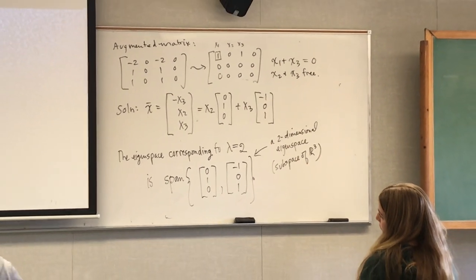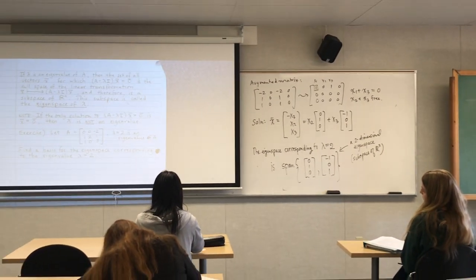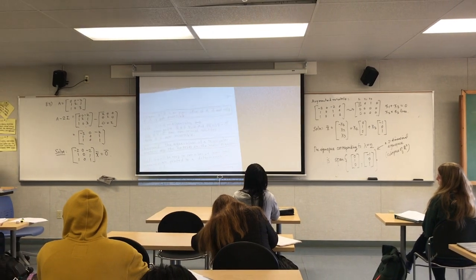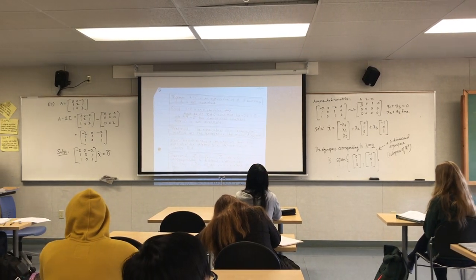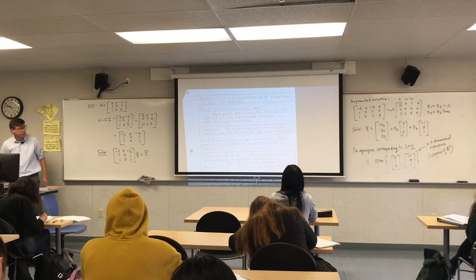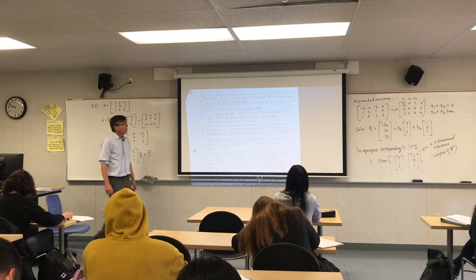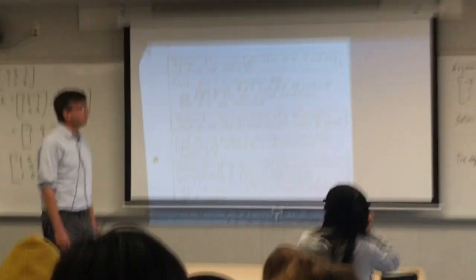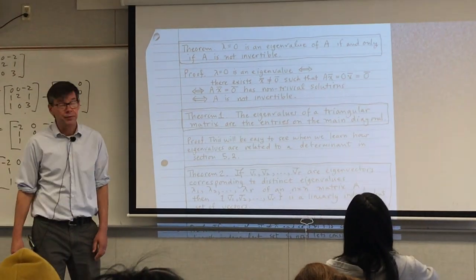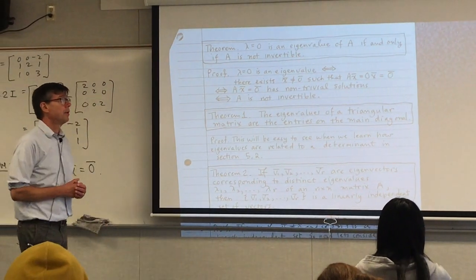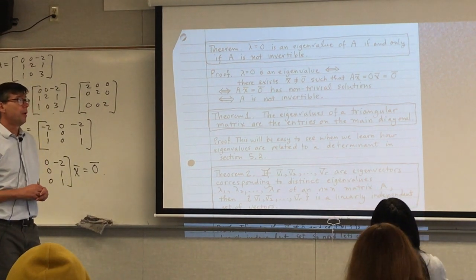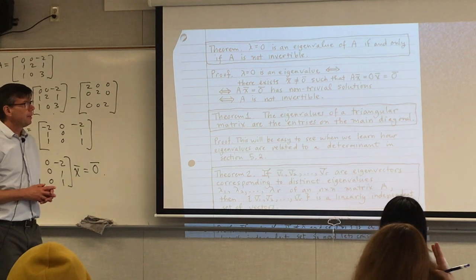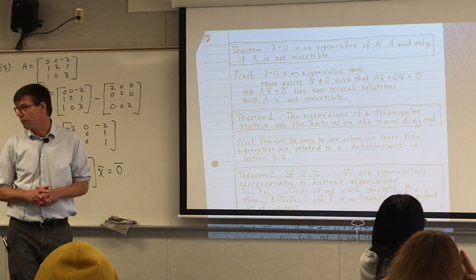So that exercise is sort of the point of this section. And let's turn a page, all right? A little bit more theoretical discussion here now. So why would anybody care about eigenvalues and eigenvectors? Here is an interesting theorem. Lambda equals 0 is an eigenvalue of A if and only if A is not invertible.